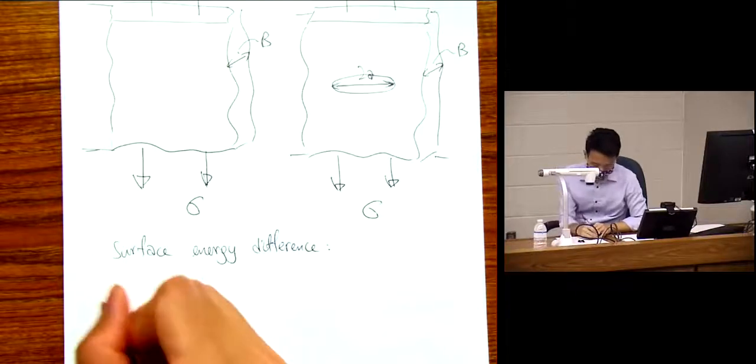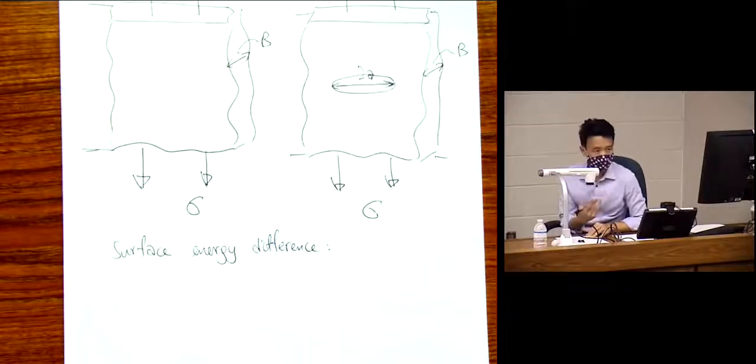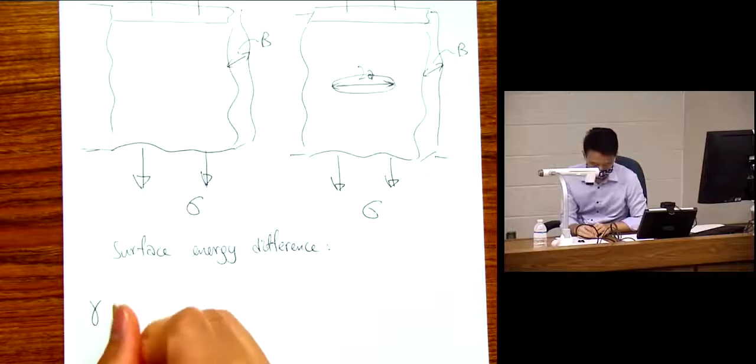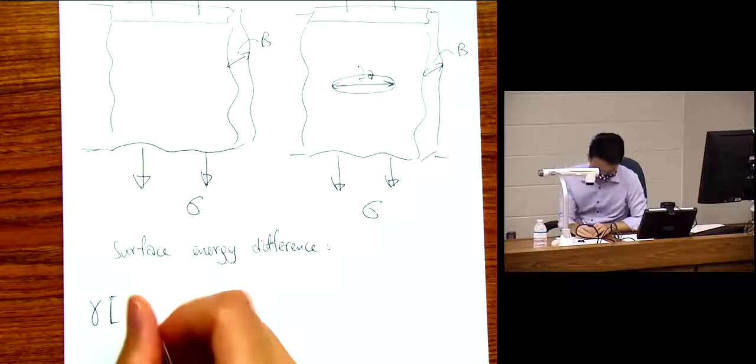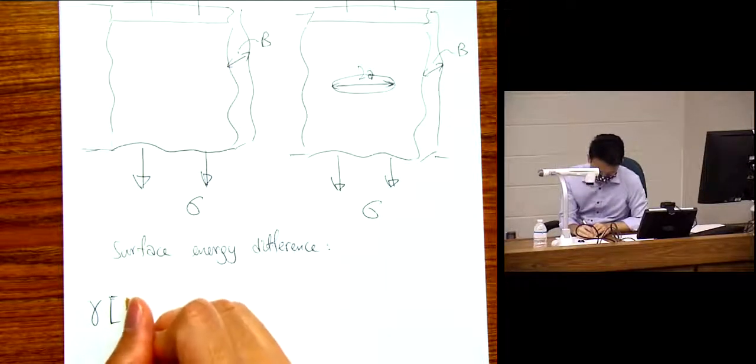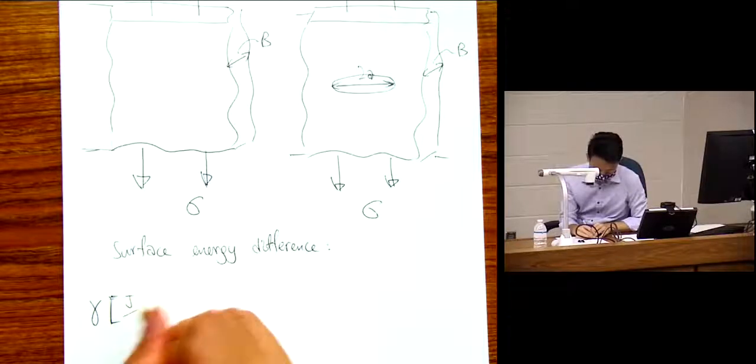And gamma is the surface energy density, right? It is measured in terms of energy per unit area.